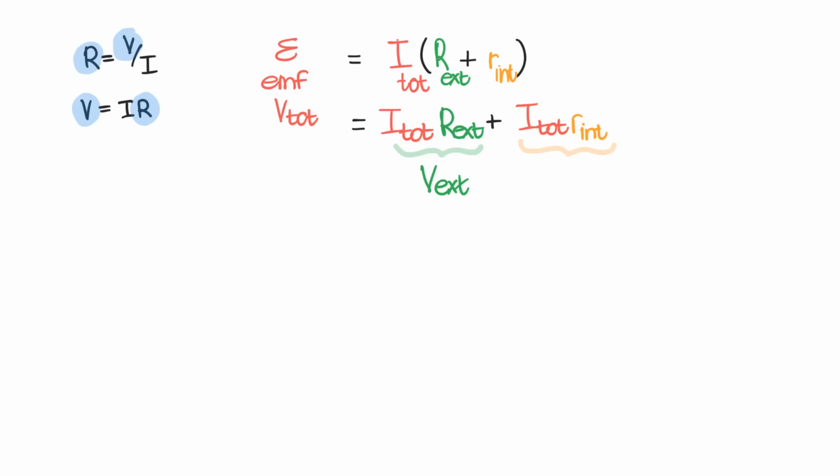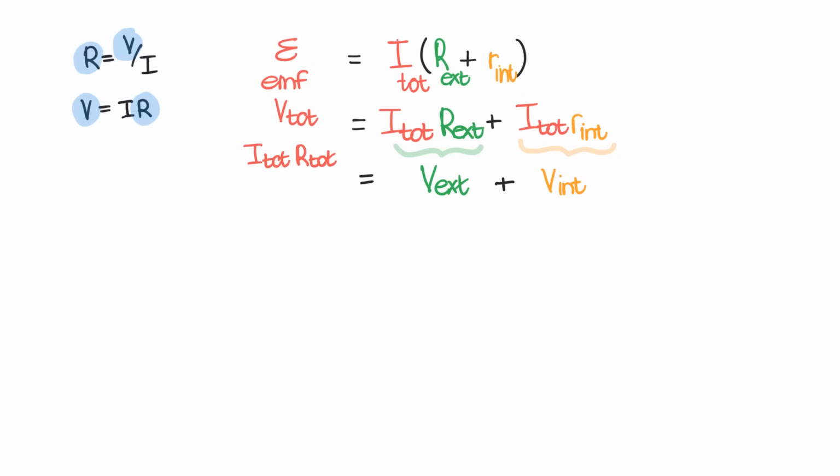And this term would be equal to V internal. V and R are matching. The same way, we would here have been able to replace V total with I total multiplied by R total again. In other words, the total voltage, or the EMF, is equal to the external plus the internal voltage.